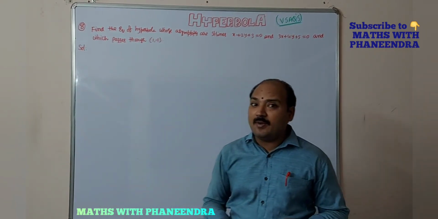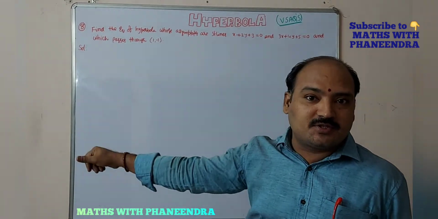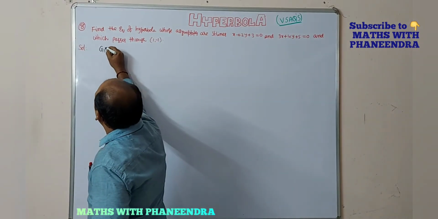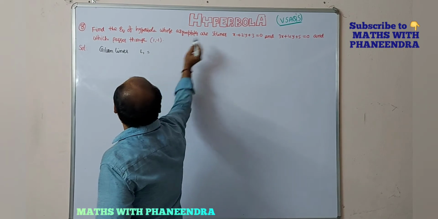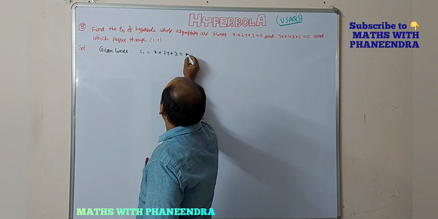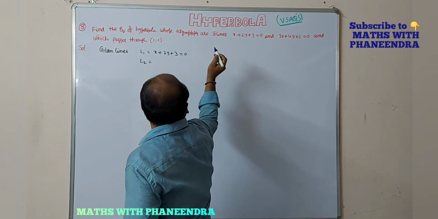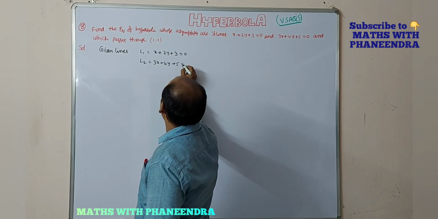The equation of hyperbola which contains these straight lines as asymptotes is, first write the given lines. L1 is equal to x plus 2y plus 3 equal to 0 and L2 is equal to 3x plus 4y plus 5 equal to 0.